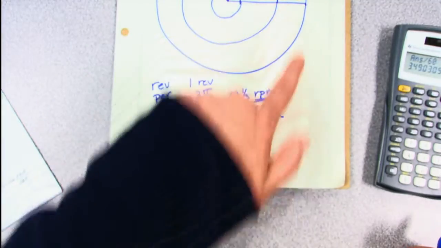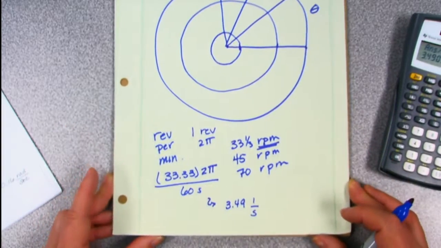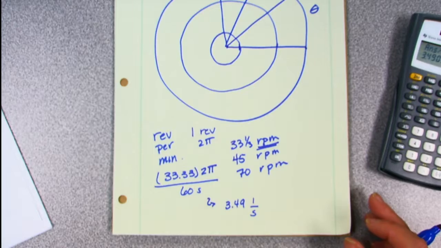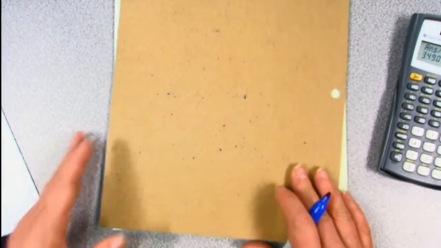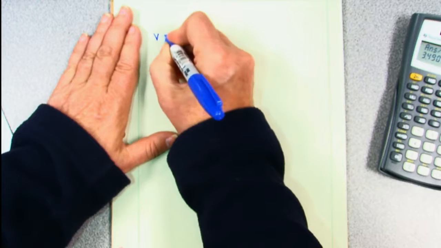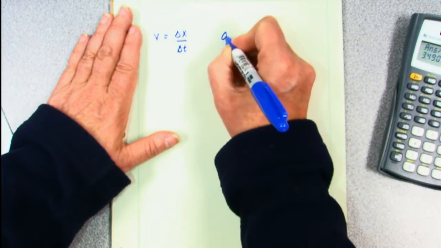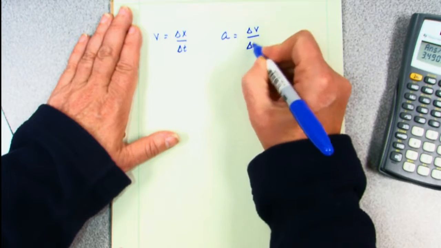So when you're thinking about rotational motion, we actually do a few different things, and it has some different implications. What is the next thing we did after we did velocity? We did velocity, which is the change in position with respect to time, and then we did acceleration, which is the change in velocity with respect to time.